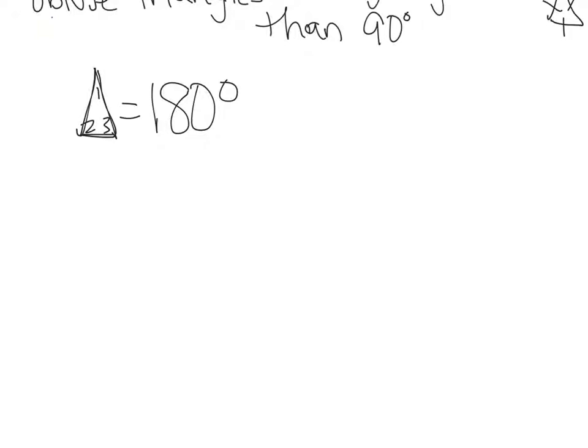But sometimes you're given the side lengths, and side 1 plus side 2, which are the smallest sides, have to be greater than the largest side.